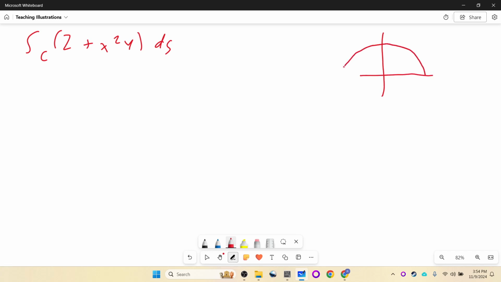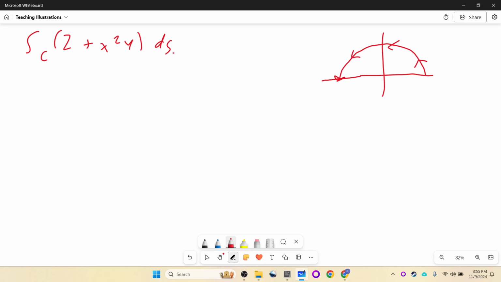So we integrate along c of 2 plus x squared y ds, and we are going along this curve counterclockwise along the top half of the unit circle.